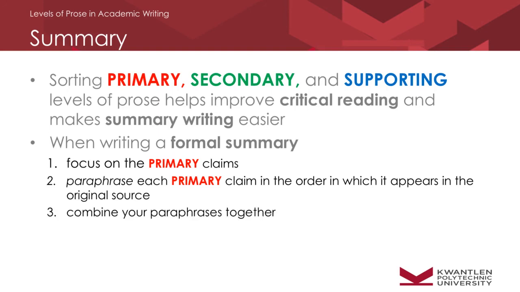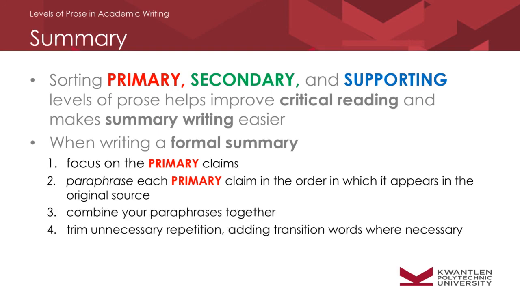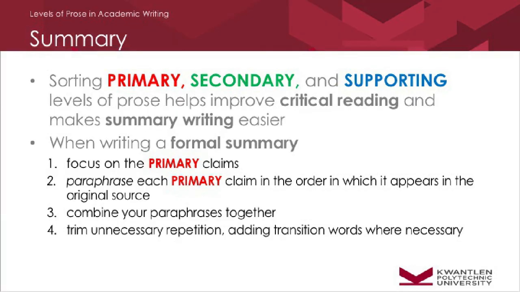Then you paraphrase each primary claim in the order in which it appears in the original source. Combine your paraphrases together, and then trim any unnecessary repetition and add any transition words that would help the flow of your writing. I hope that little tutorial helps you in sorting primary, secondary, and supporting levels of prose in your reading, and that it makes your summary writing easier. Good luck.